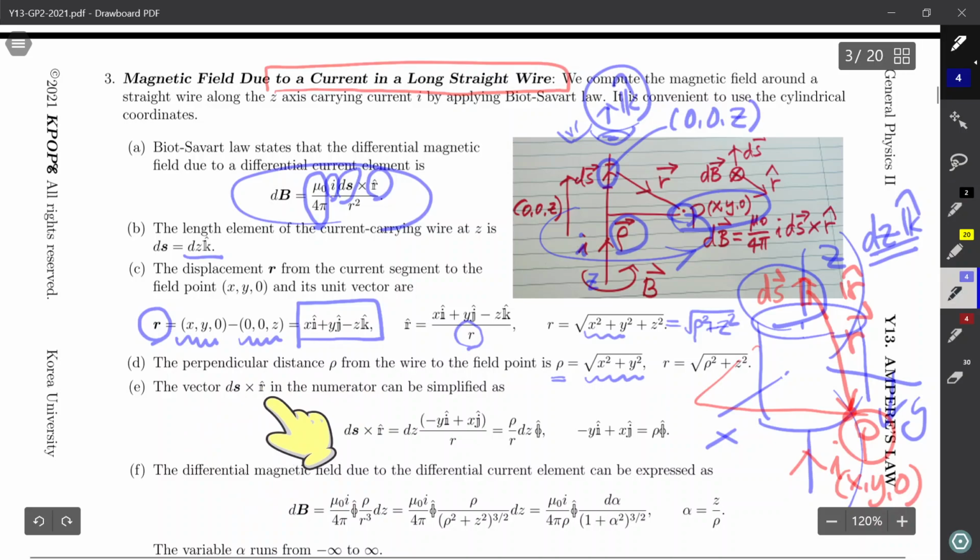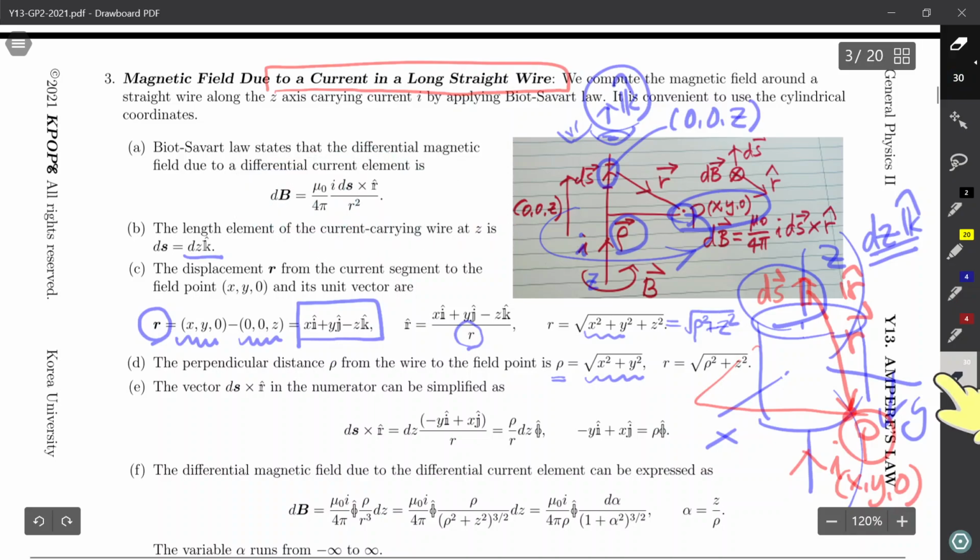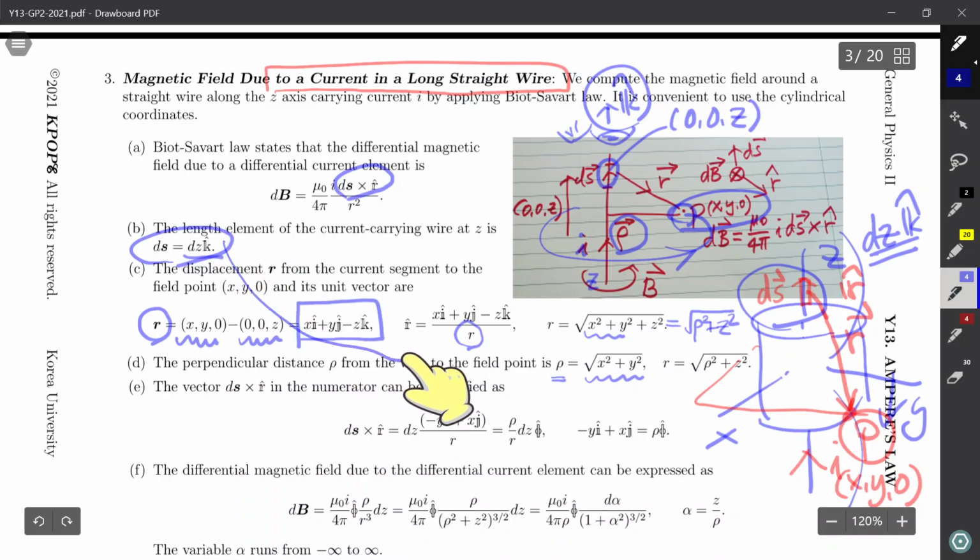The vector ds cross r hat. We need to compute ds cross r hat. ds is here. Substitute.